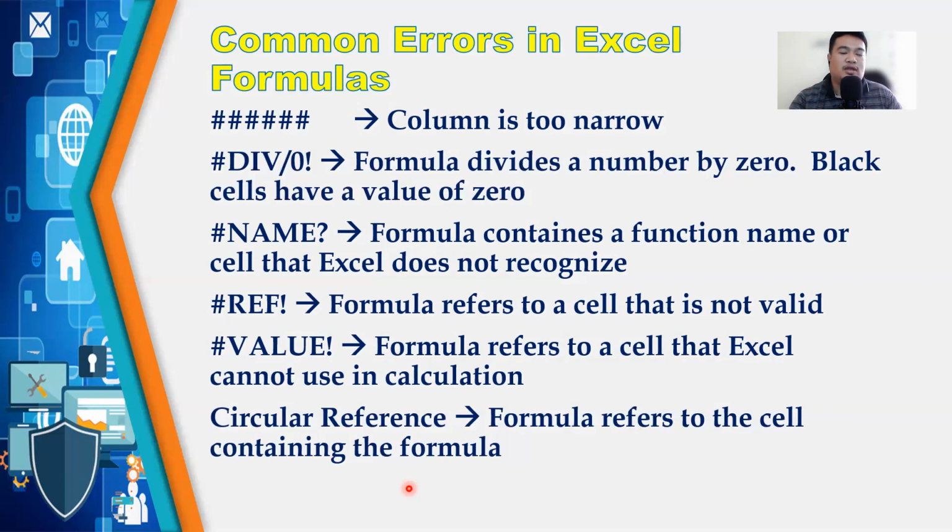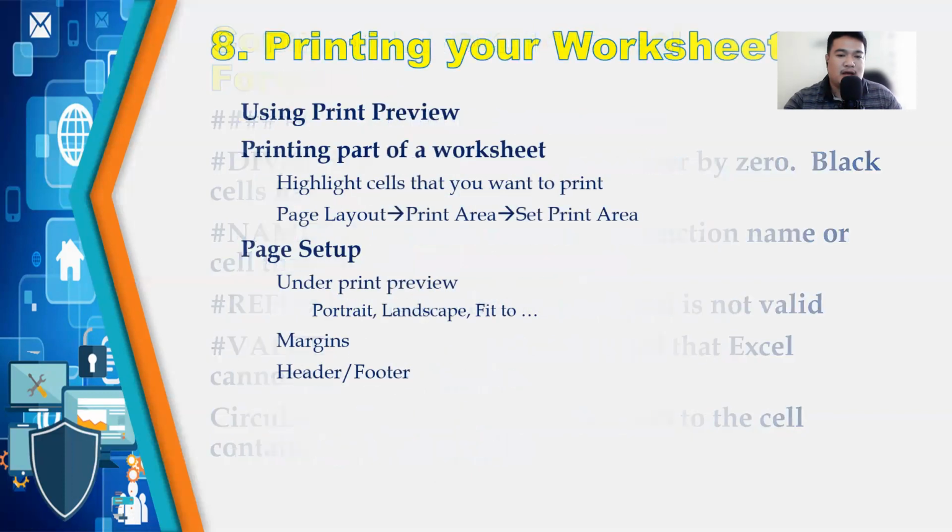So nagkakaroon ng circular reference yung pag-read ng Microsoft Excel sa formula mo. So you just check yung mga cell names, cell addresses na in-include mo doon sa formula mo kapag na-encounter mo yung problem na yan.